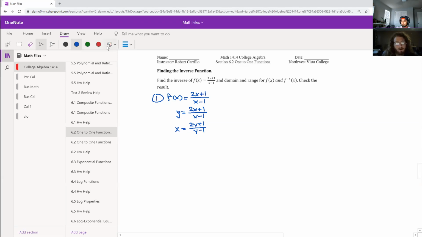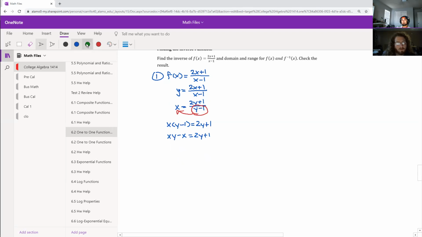So we're going to start by multiplying this here up to here, right? So we'll have x times (y minus 1) equals 2y plus 1. Distribute this x. xy minus x equals 2y plus 1. And then the next thing we're going to want to do is to collect terms.